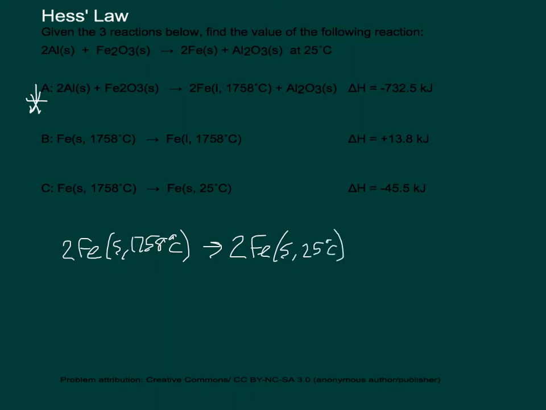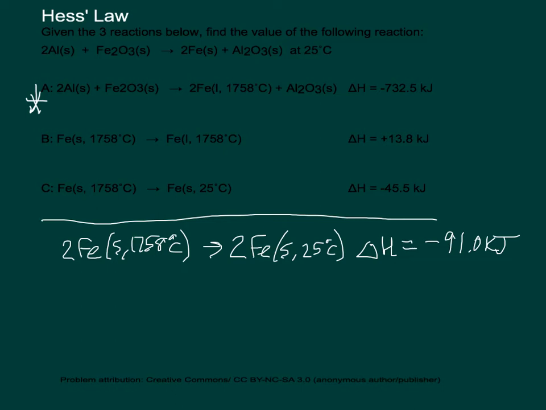And that means we have to double the delta H. So the new delta H of this will equal negative 2 times negative 45.5, so negative 91 kilojoules. Okay, so that reaction has been doubled.